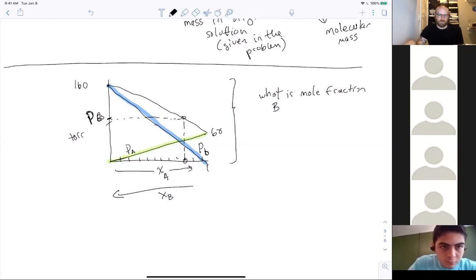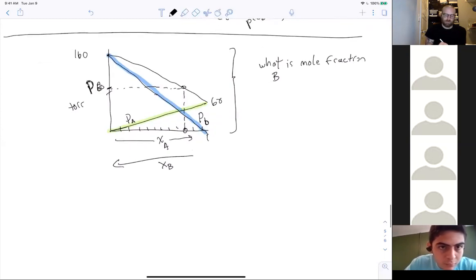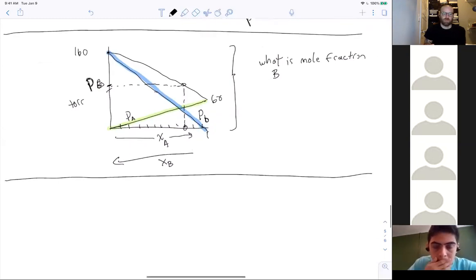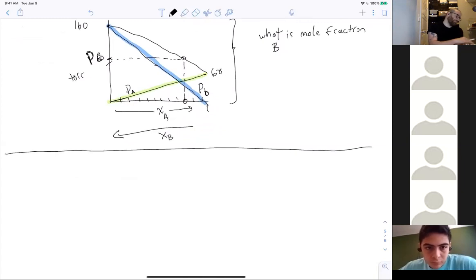Number 13. Yeah, so here's a problem that's more straightforward in terms of calculating the vapor pressure change.